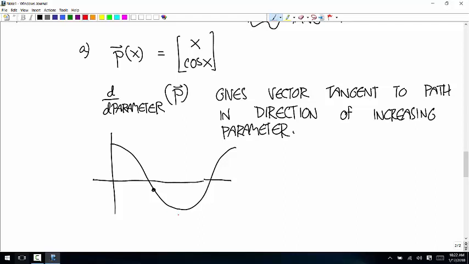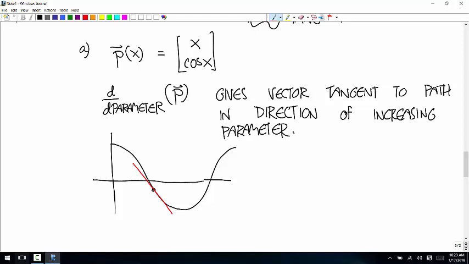Here's a line that's tangent to the path. But a vector has to choose one of those two directions. Which of those two directions is it going to give you? It's going to give you the direction that you move along this path as that parameter increases.